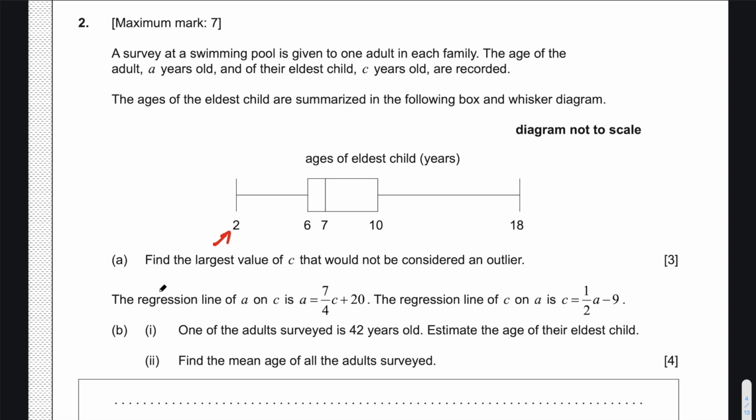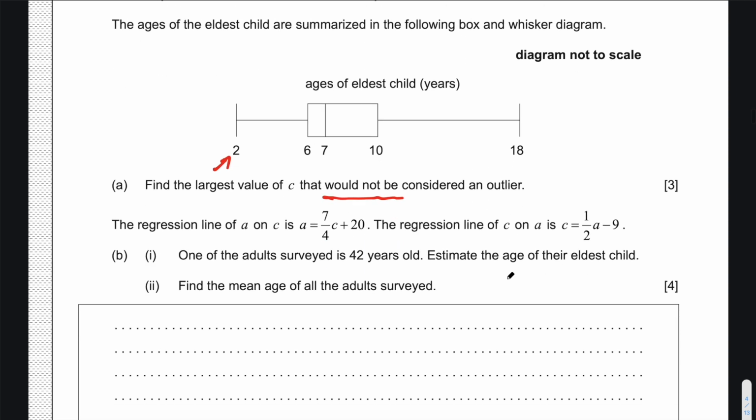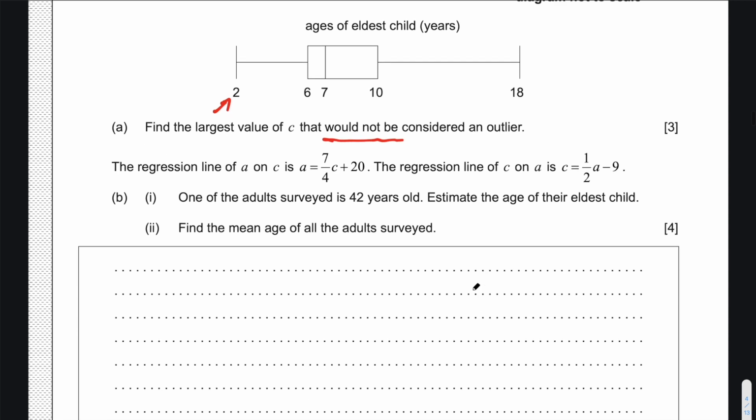For part A, we need to find the largest value of c that would not be considered an outlier. So c means the age of the child, and we're dealing with outliers. For a box plot, first you should know how to define outliers.